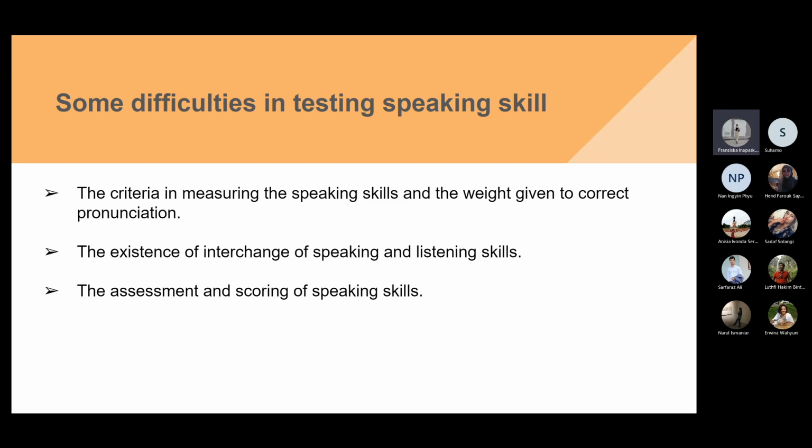And then the other point here is the assessment and scoring of speaking skills. The assessment and scoring of speaking skills is one of its biggest problems.